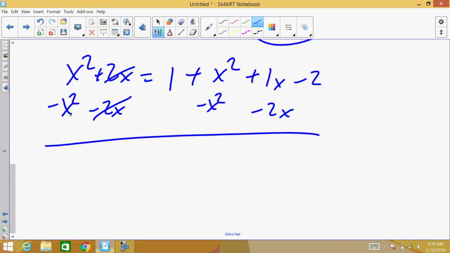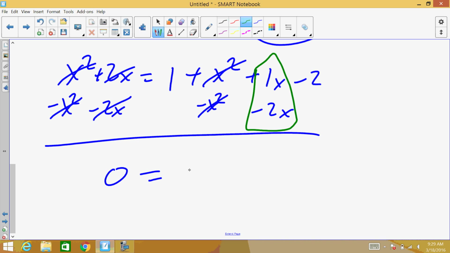And maybe that wasn't a great choice, but we'll see what happens. I get 0 equals, let's see, looks like my x squareds cancel each other out. 1x and minus 2x gives me negative x. Negative 2 and positive 1 gives me negative 1.